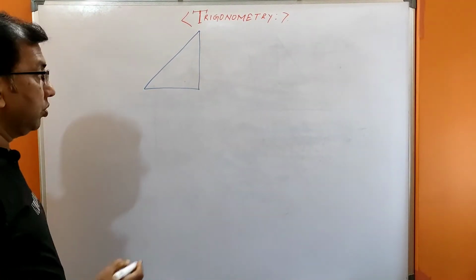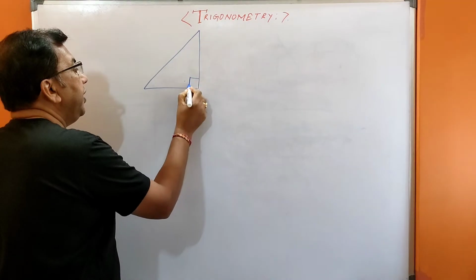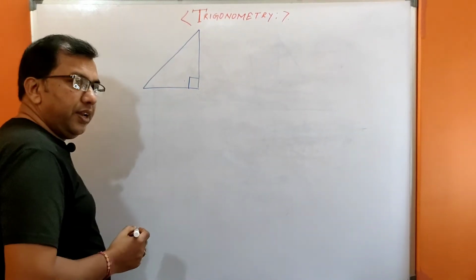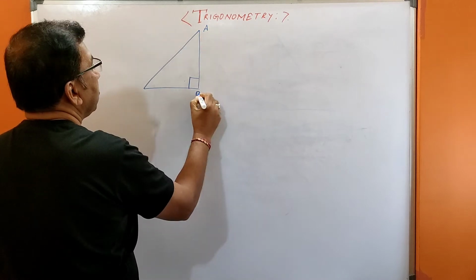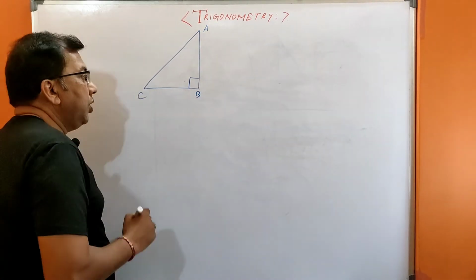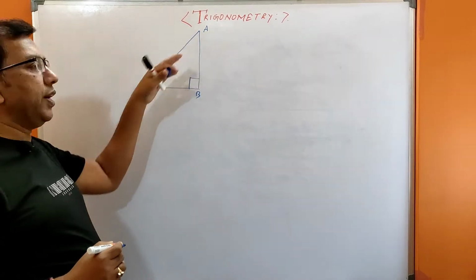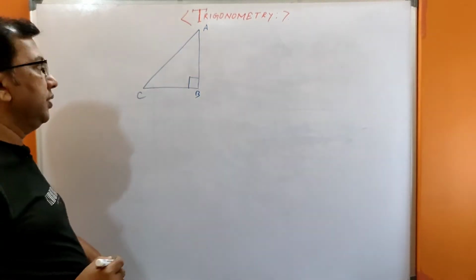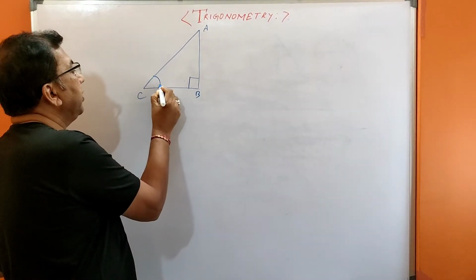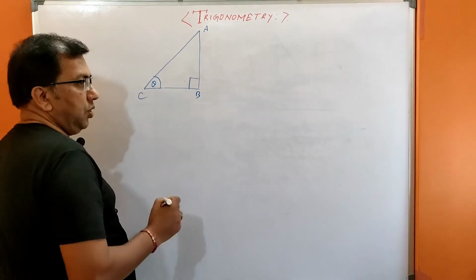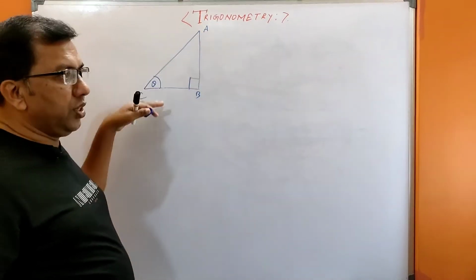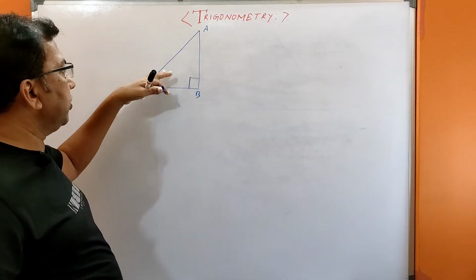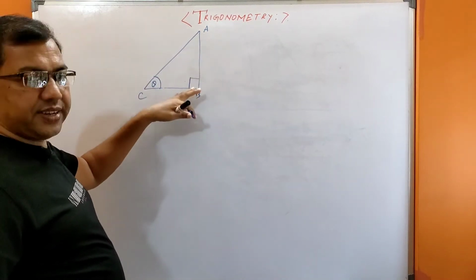Pythagoras theorem. This is 90 degree. Right angle means right angle. What do you know? And these two angles must be acute angle, less than 90 degree. Suppose this is theta. You can consider this also theta, or this also. Any two you can take. You can consider theta, this also, and this is right angle.